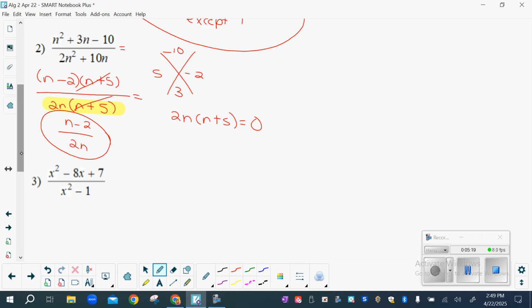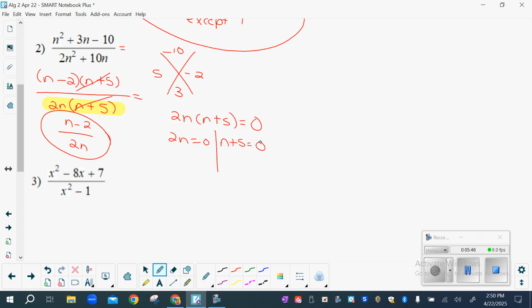No, we don't want to multiply. Divide? No, we don't want to divide because we don't know what n is. We have two things multiplied together equal to 0, so we're going to use a property that starts with a z. Zero product property. So we're going to take 2n, set it equal to 0, and n plus 5 equal to 0. Do you remember that?